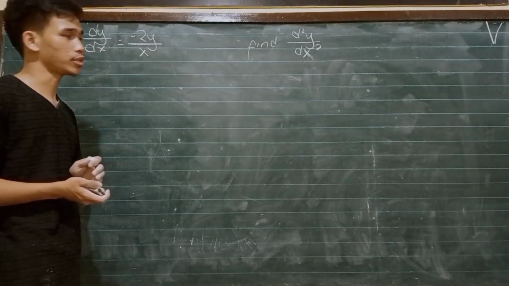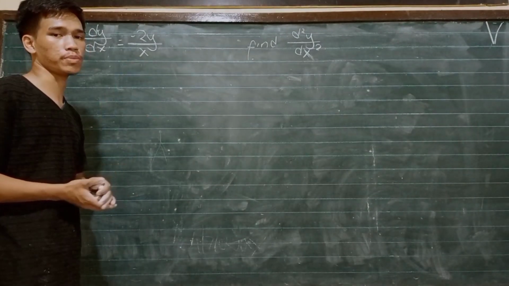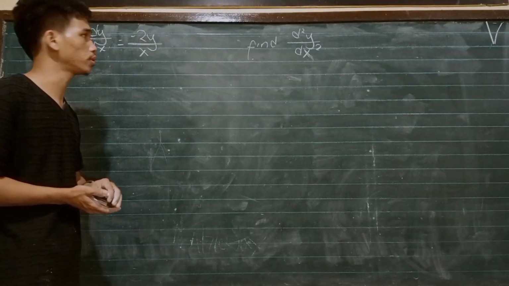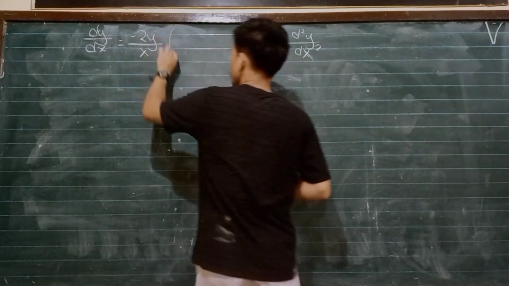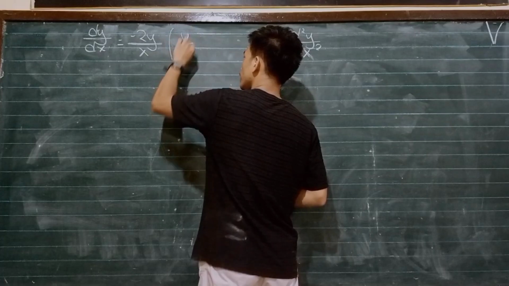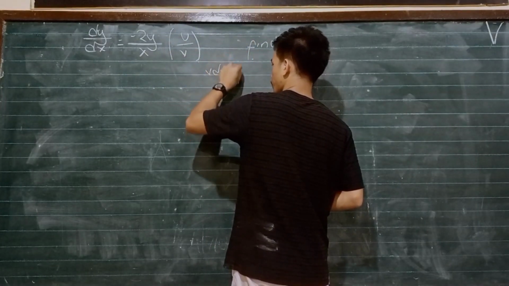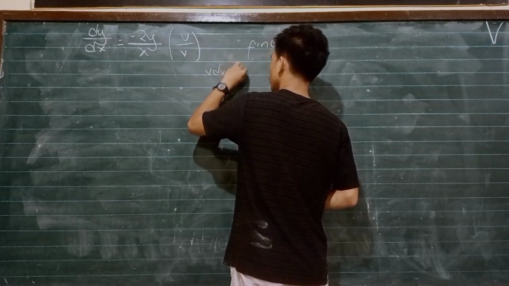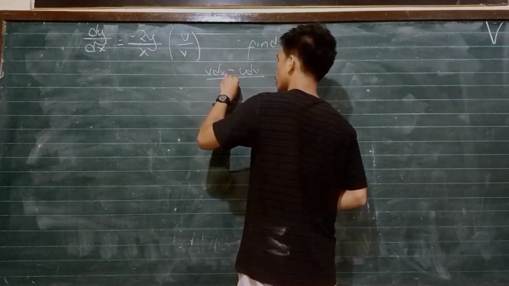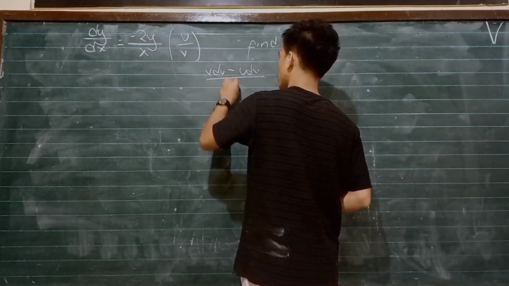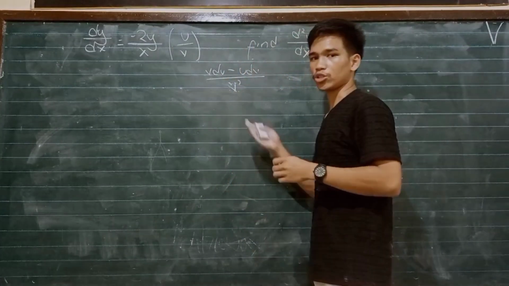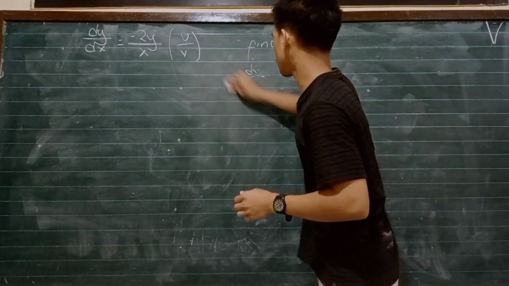So let's dig in. As you can see, this is a fraction, which means we need to use the quotient rule. Alright, so we'll just put u and v. That is v du minus u dv over v squared. I assume that we already knew it.